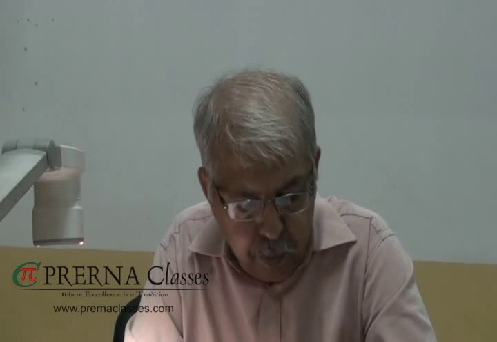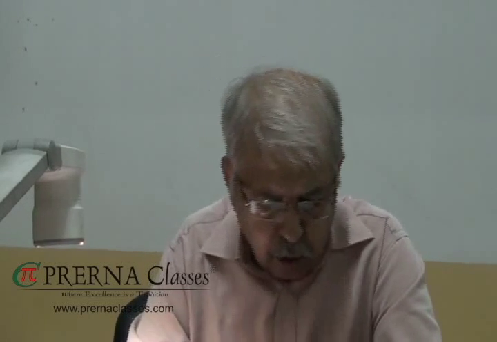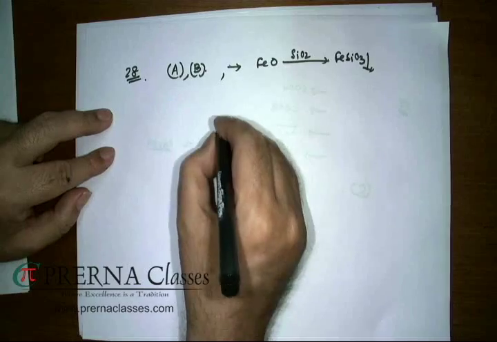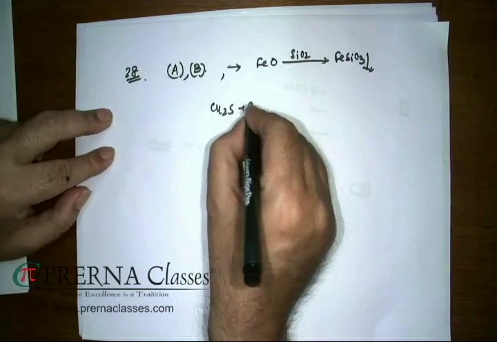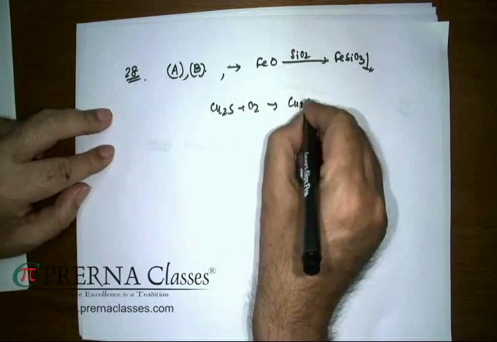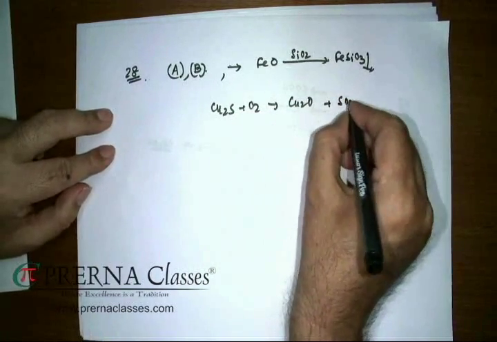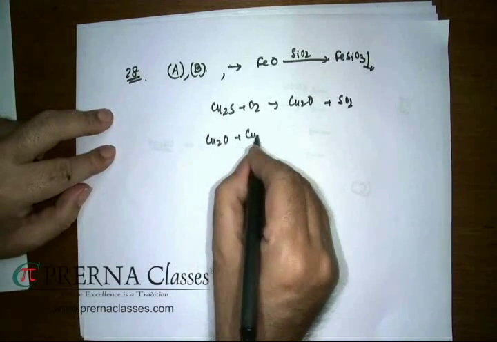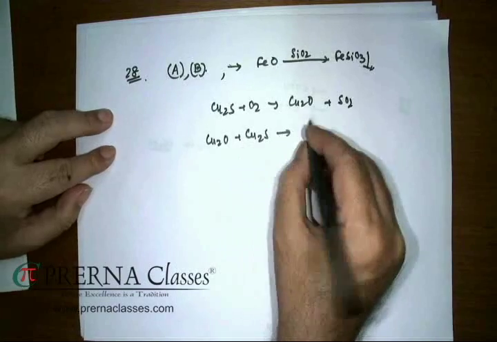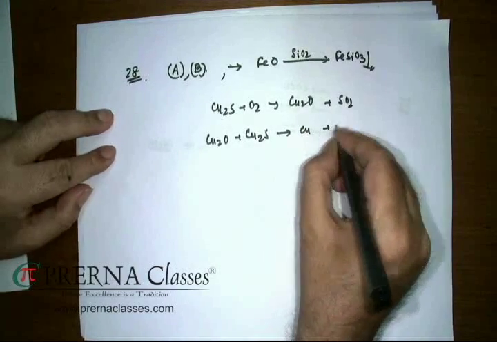Self-reduction step to produce blister copper with the evolution of SO2, that is also a correct step, because if you look at the self-reduction process, Cu2S plus O2 gives Cu2O plus SO2, and Cu2O plus Cu2S gives you copper, and again evolution of sulfur dioxide.